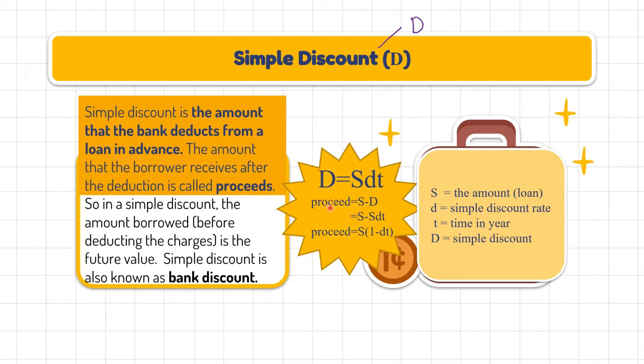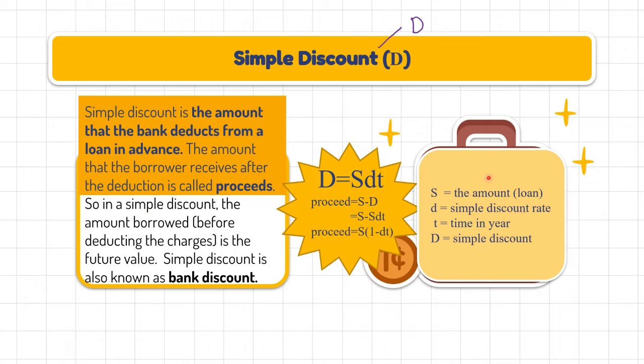The formula for proceed is proceed equals S minus D, or S minus S times d times T. In other words, proceed equals S times (1 minus dT).